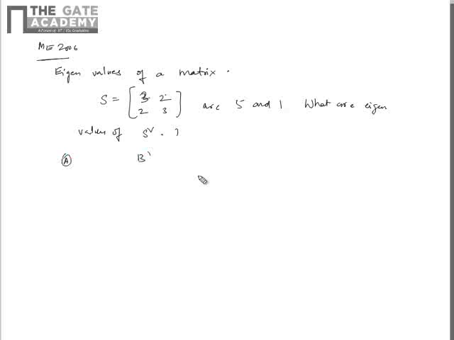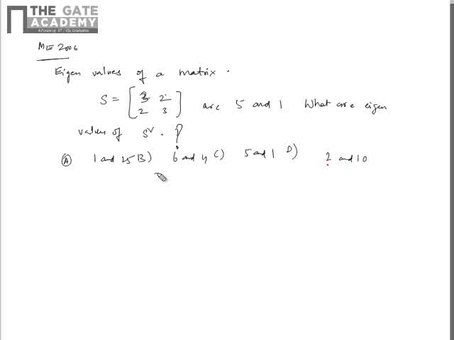We are supposed to find out the eigenvalues of S square, and S eigenvalues are given. Even if eigenvalues are not given, matrix is given, you can easily find out. Option A is 1 and 25, option B is 6 and 4, option C is 5 and 1, option D is 2 and 10.